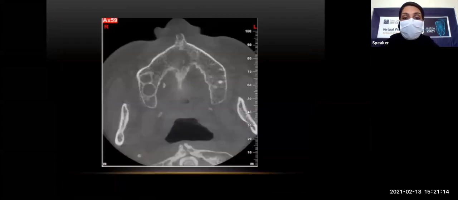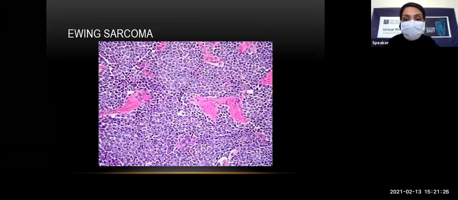You can also see in this radiographic view an ill-defined radiolucent lesion in the underlying bone.